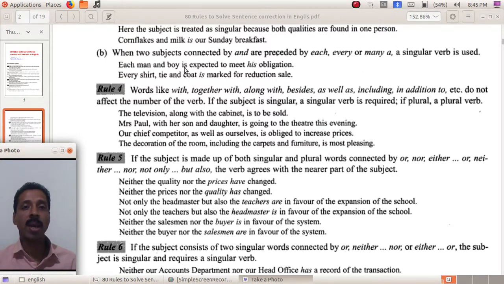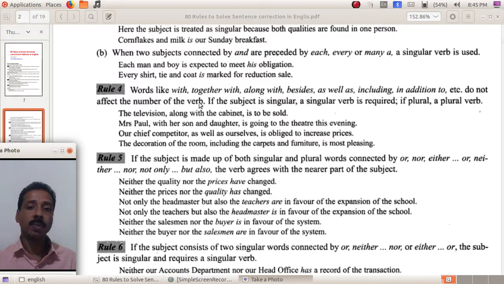Each man and boy. And if the word each is not there, it will become plural. But while we use each, every, etc., the verb will remain singular. Each man and boy is expected to meet his obligation. Every shirt, tie and coat is marked for production.